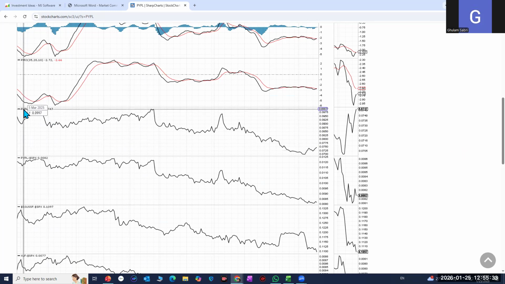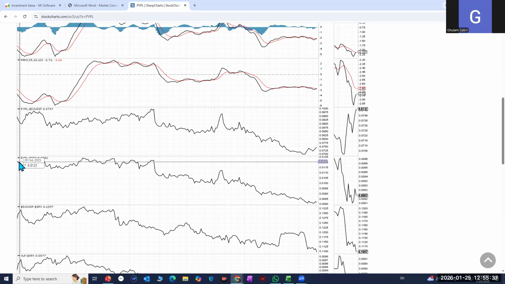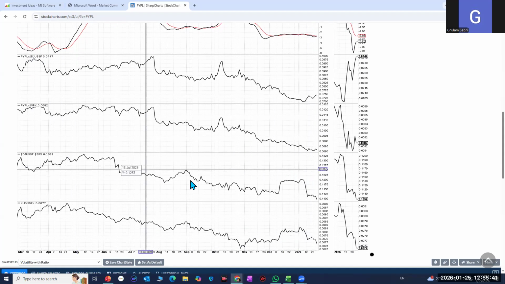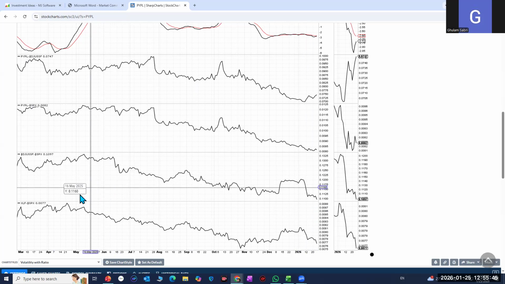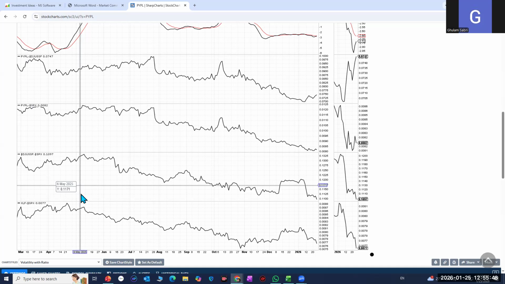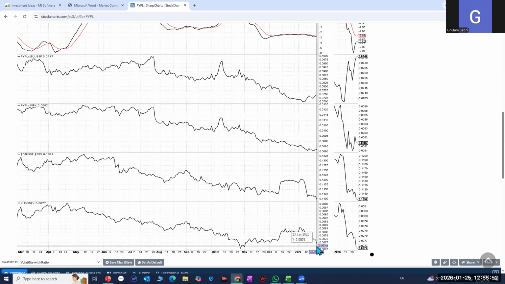PayPal is very weak within its own group, very weak against the S&P 500, and the group itself is very weak against the S&P 500, and the sector. Consumer finance is part of the broader financial sector, XLF, which is also weak against the broader index.